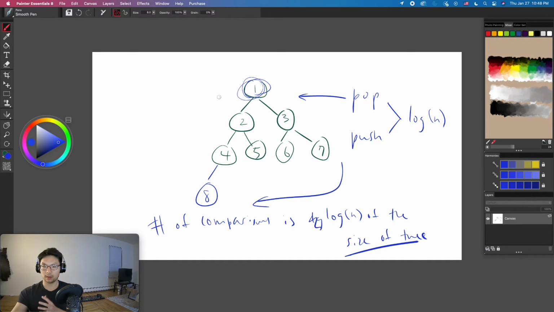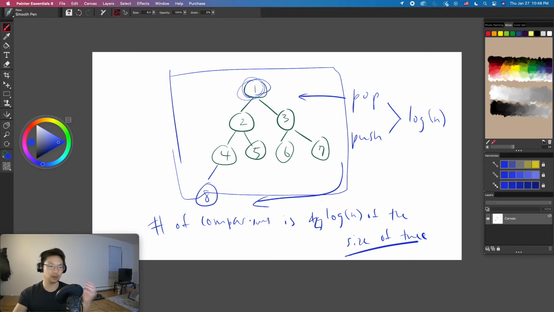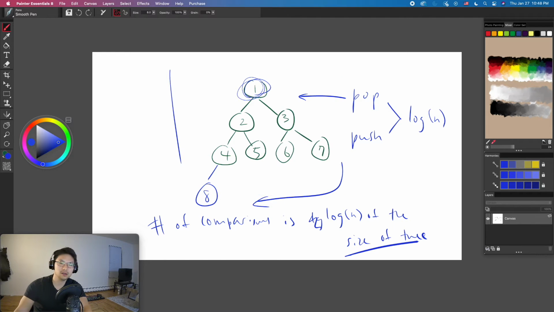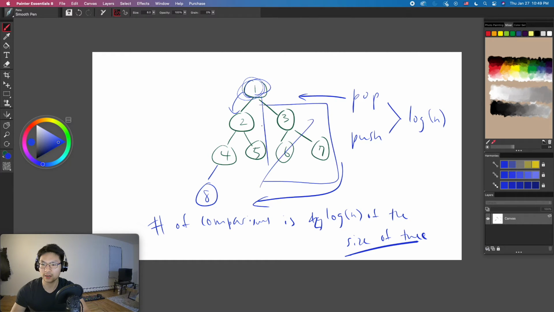Depending on the size of the tree, we're going to know the number of comparisons. And easy enough, when you think of log n operations, all we're really saying is that we're splitting the search tree by half. If we're looking on this side, it's like, screw this side, we don't care about it. We're just going to care about this side. So in effect, we reduce half of the search universe. We don't need all that.